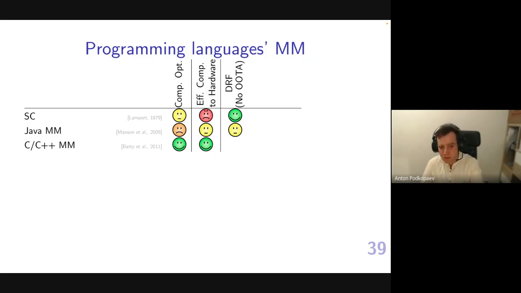And so what about C++? In C++, the situation is bad. In a sense, the standard allows out of thin air. You will never observe it in real life with the current compilers and the current CPU architectures.